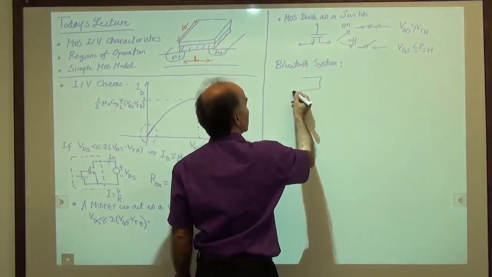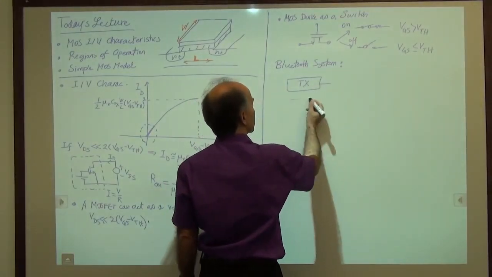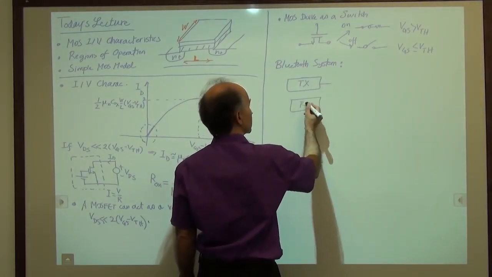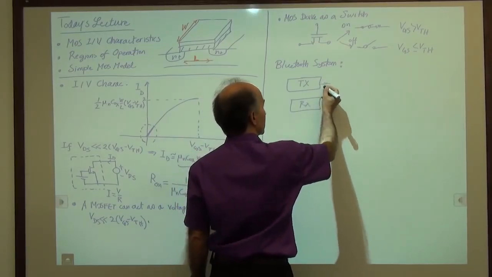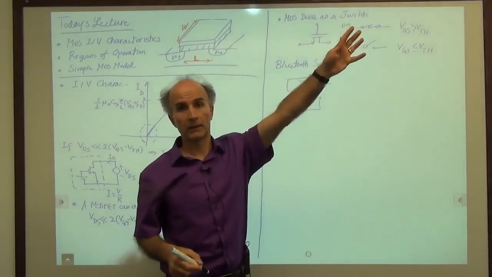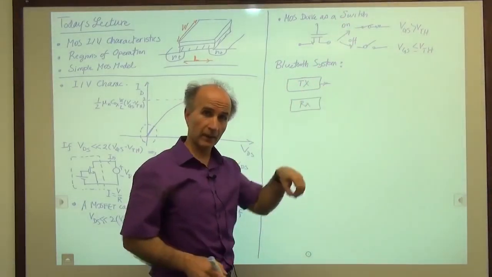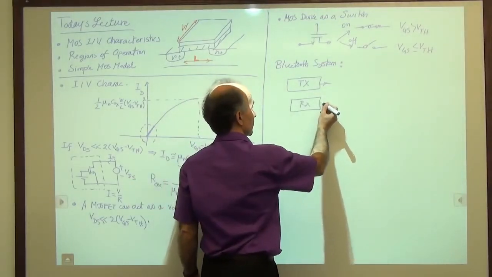So the transmitter is usually denoted by TX, and the receiver is denoted by RX. So the signal comes out of the TX and goes to the antenna and goes away. And then when we are receiving a signal from someone else, it comes through the antenna and goes to the receiver.